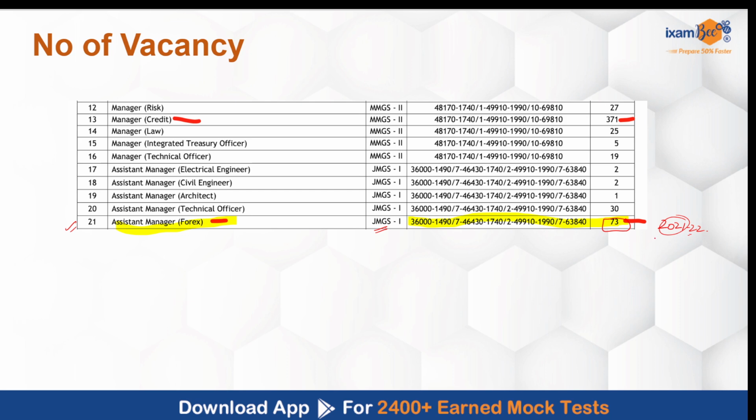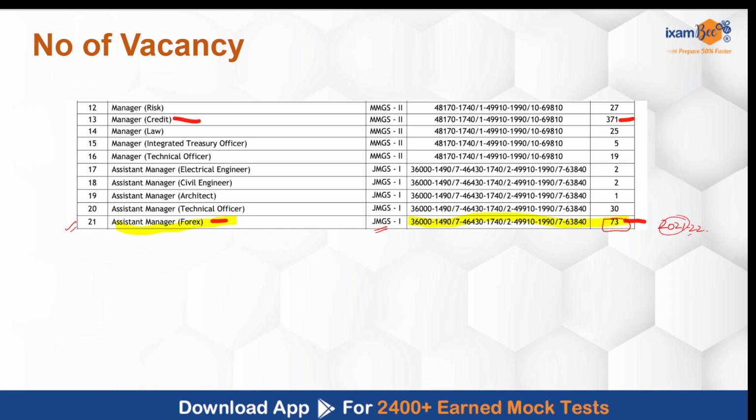Now this is a very attractive department to work in because of various reasons, which I will take up in another video in detail. But to brief you, because it is dealing with foreign exchange, your posting is likely to be in the bank branches that have a Forex window or Forex facilities available, right?